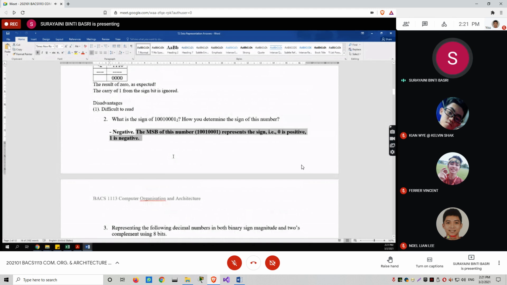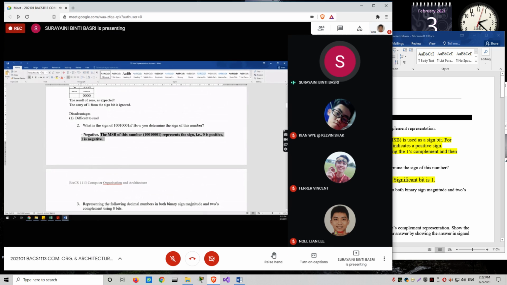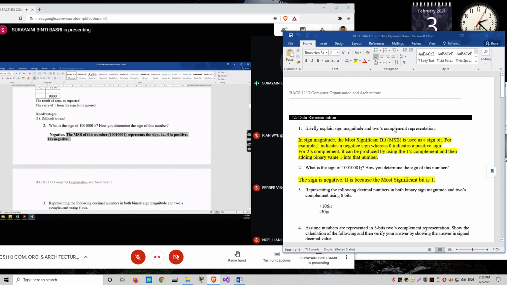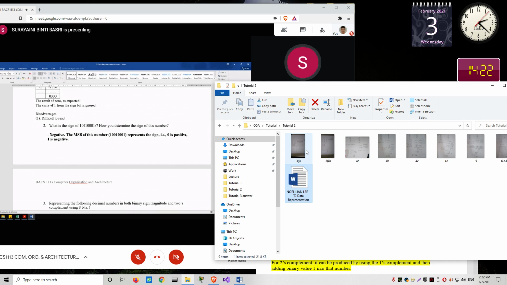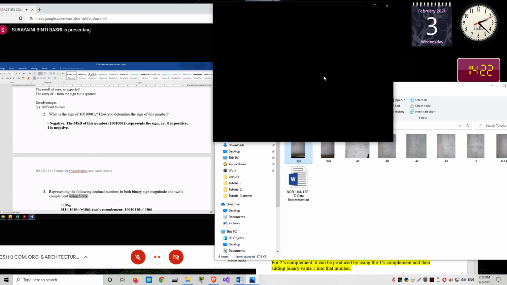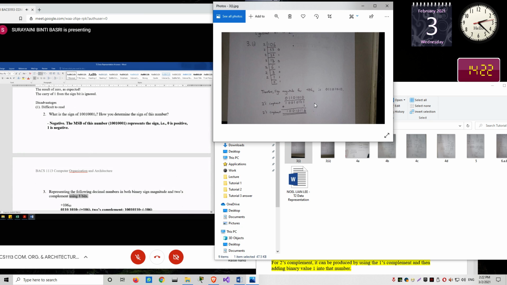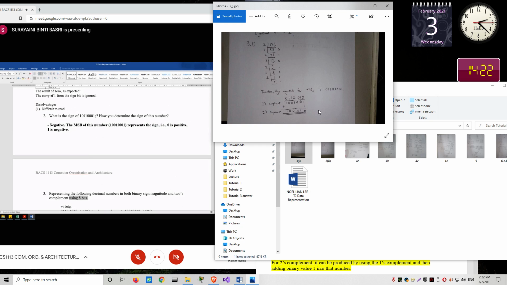Okay, so for question 3, who has already answered? Represent the following decimal number in both binary sign magnitude and 2's complement using 8 bits.